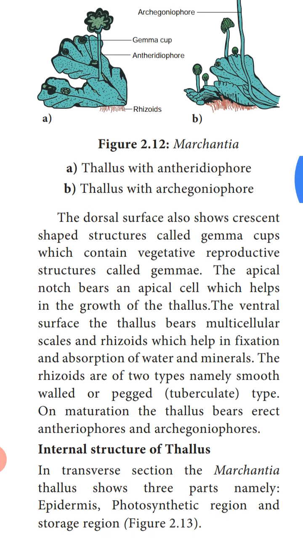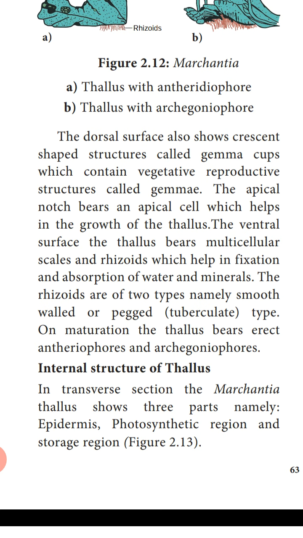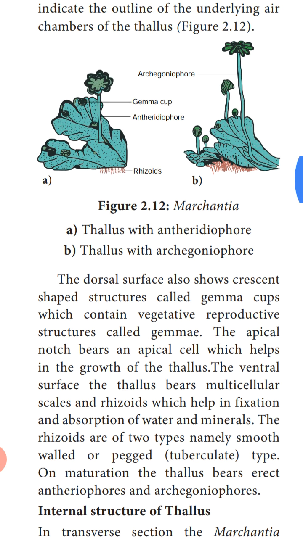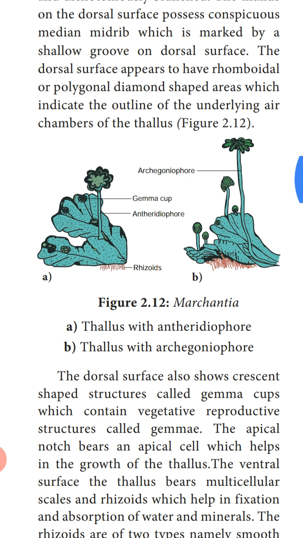On maturation, the thallus bears erect antheridiophores and archegoniophores. So when the thallus matures, each thallus produces its separate gamete producing structures, called the antheridiophores or the archegoniophores. Here you can see in this diagram, figure 2.12, two separate thalli are given. A is a male thallus.